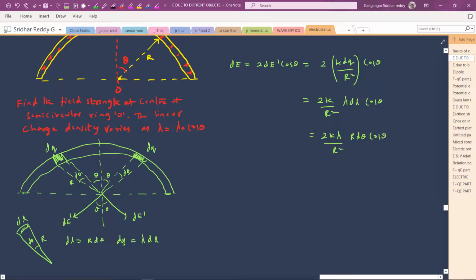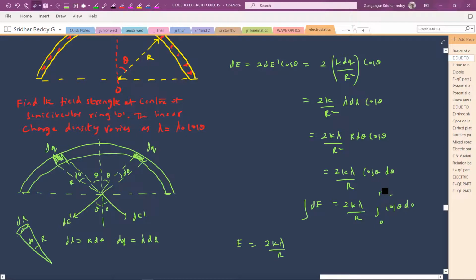R d theta. So 2k lambda by r cos theta d theta. The integral limit should be 0 to pi by 2. This should be the net field.